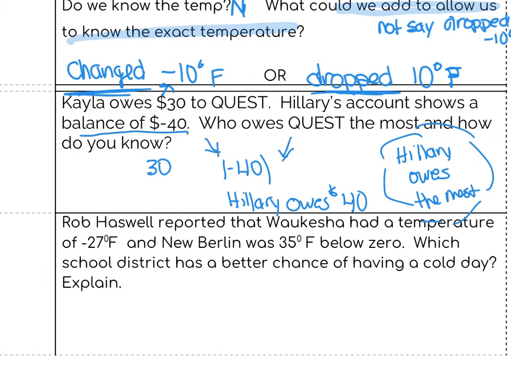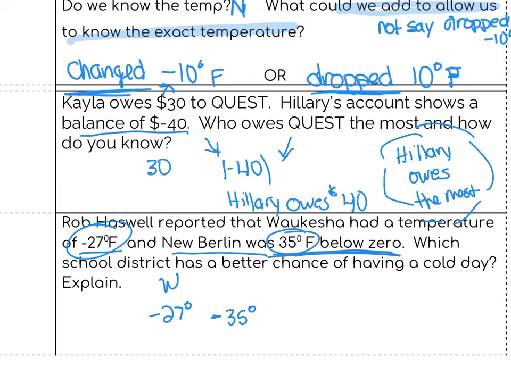Rob Haswell, my husband calls him the squirrel from Fox 6, reported that Waukesha had a temperature of negative 27 degrees. So Waukesha is at negative 27 degrees. New Berlin was at 35 degrees below 0. So if it's 35 degrees below 0, we can represent that as a negative, or it's an integer, that would be negative 35 degrees.